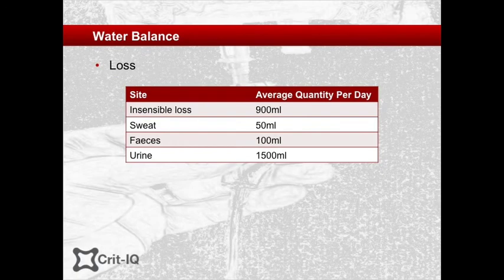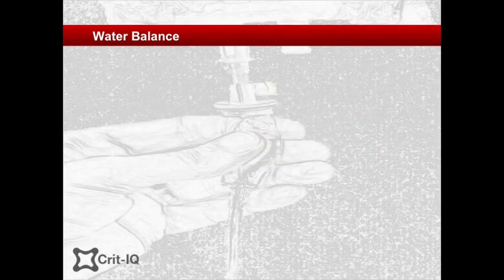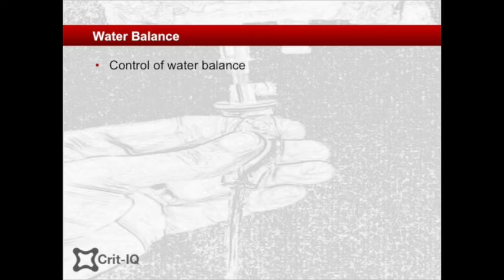Water balance is achieved if losses exactly match intake. Water can be lost from the skin, in the faeces and urine in assisting to clear waste, and through insensible losses, such as through respiration. Control of water balance, therefore, involves controlling both input and excretion.